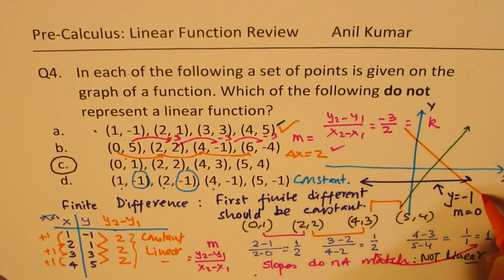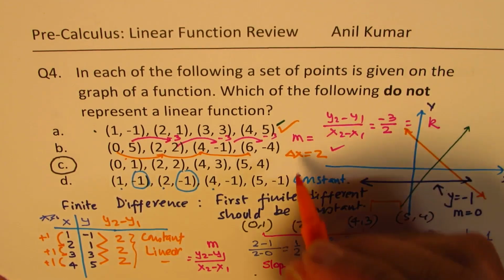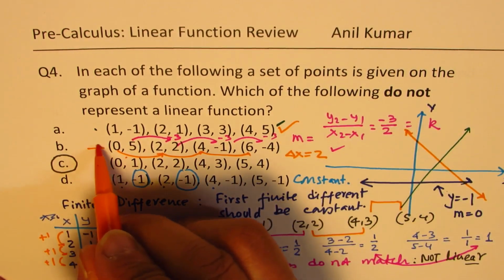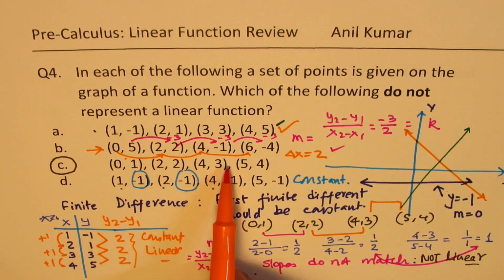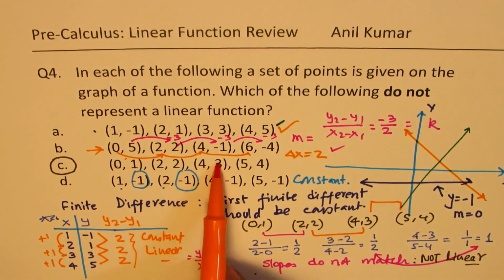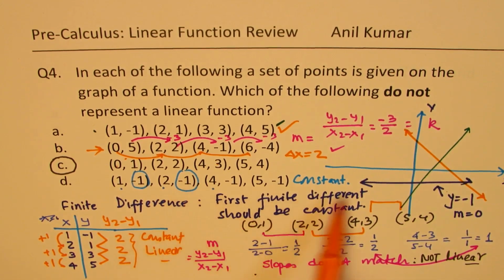The third line, all the points will not fall on a line, so it is not linear. The last one is a horizontal line, which is a linear relation. Is that clear to you?